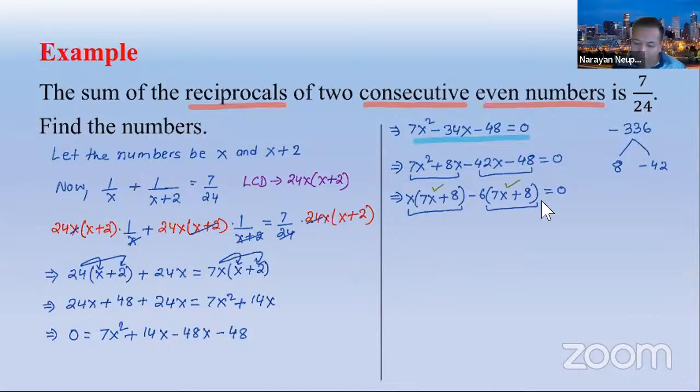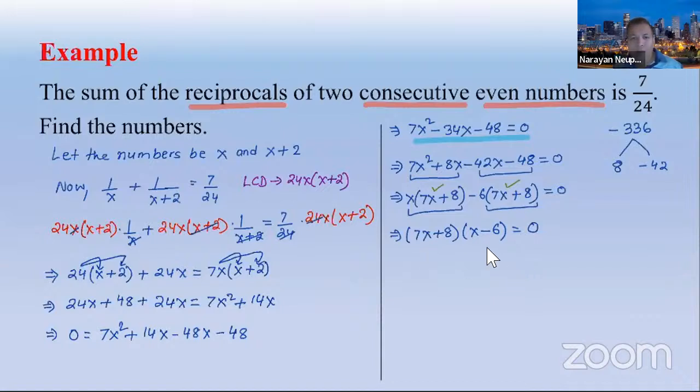So 7x plus 8 is common to both. In the first, the remaining factor is x, and in the second, the remaining factor is negative 6. So we factored that quadratic equation completely.